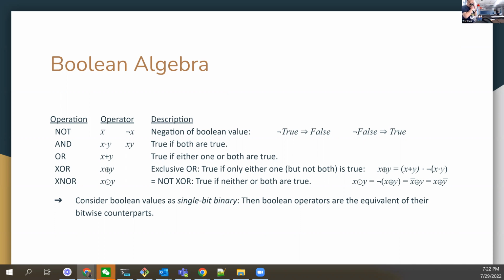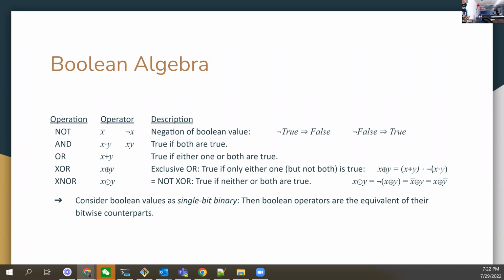So in AND, you basically have to have two parts that are true to get a true result out of that expression. And with OR, you would get a true result with either one being true, right? X or Y, either one is true, the whole thing is true.